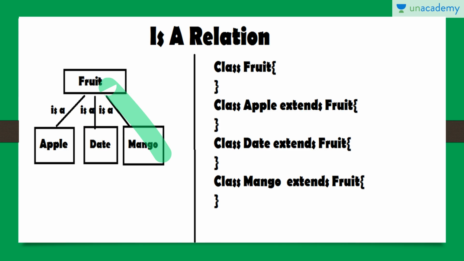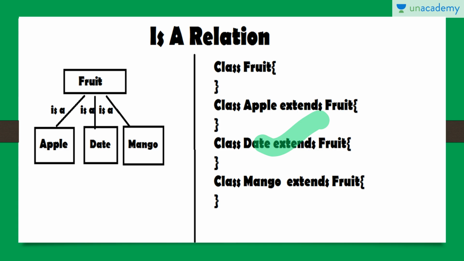Similarly, you can see here I have created a base class fruit, and after that I have created an apple class which is extending fruit. Here extends means that it is trying to acquire all the states and behaviors of fruit, and it is also going to add some more features. Here we have the date class which is extending the fruit class, and it will also add some more features because apple and date have some other features too.